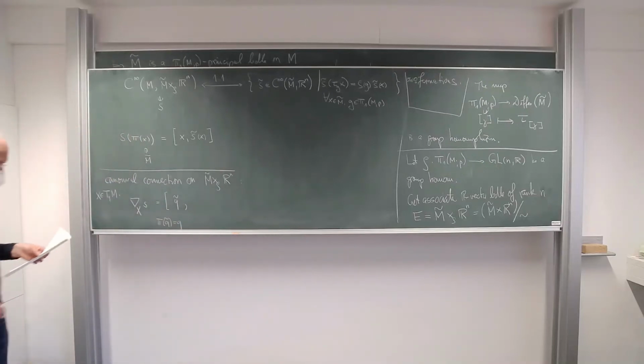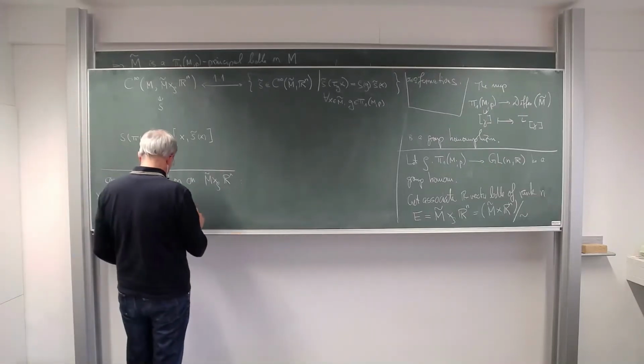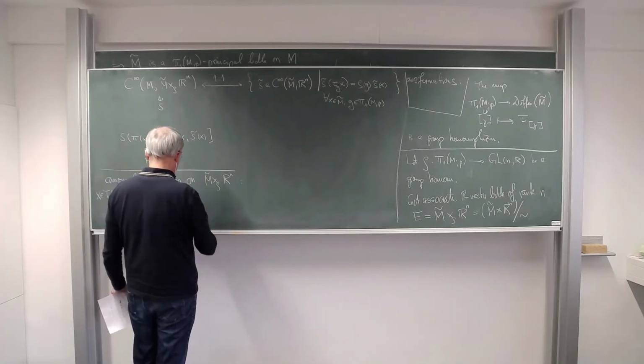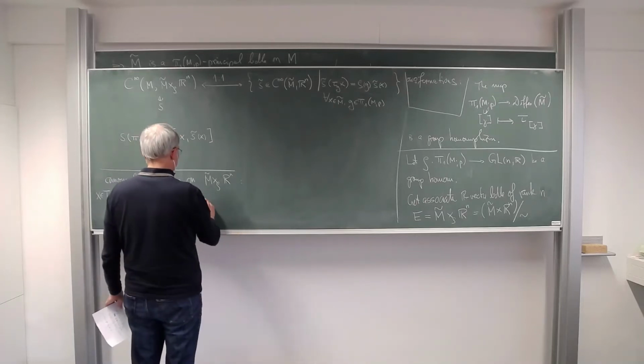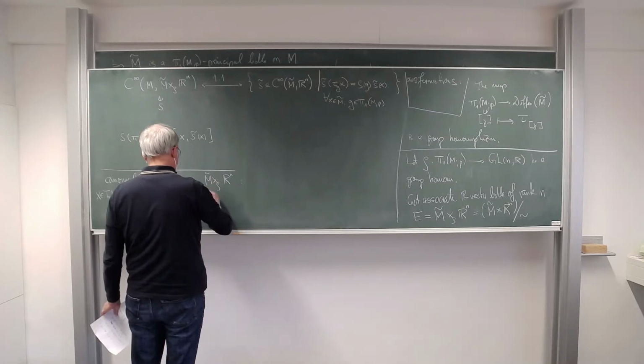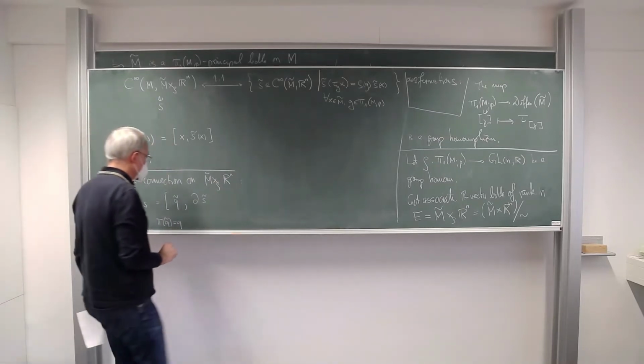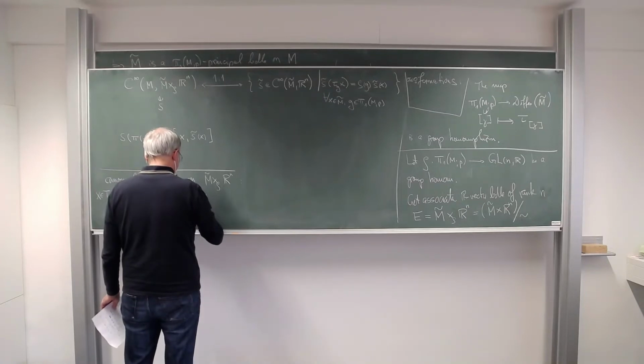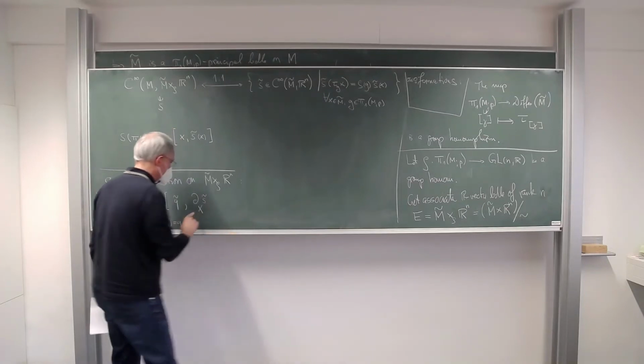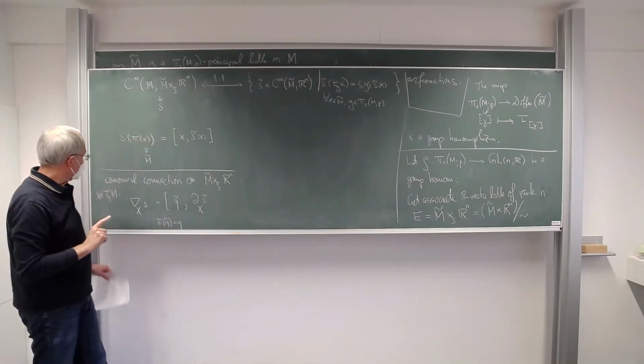which I choose, and then I take the derivative of the corresponding function, the usual, just an Rn-valued function. I can just take the usual derivative in the direction, and now this must be a tangent vector on m tilde, right?